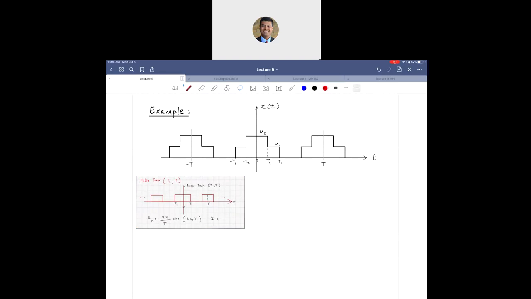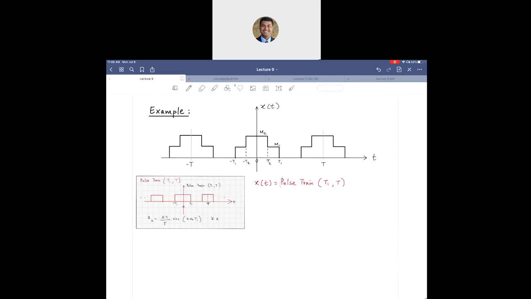So I'll start with writing x of t as the sum of two pulse trains. So x of t is pulse train t1 comma T. This is the one that has a height of m1.